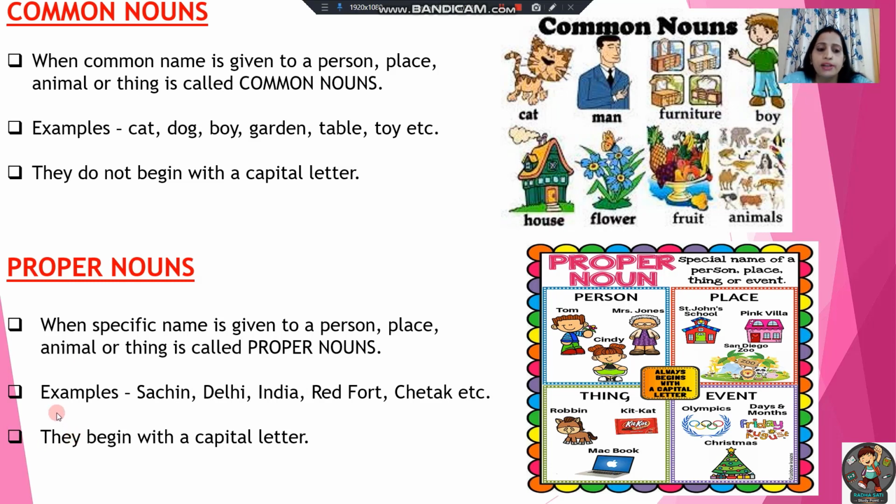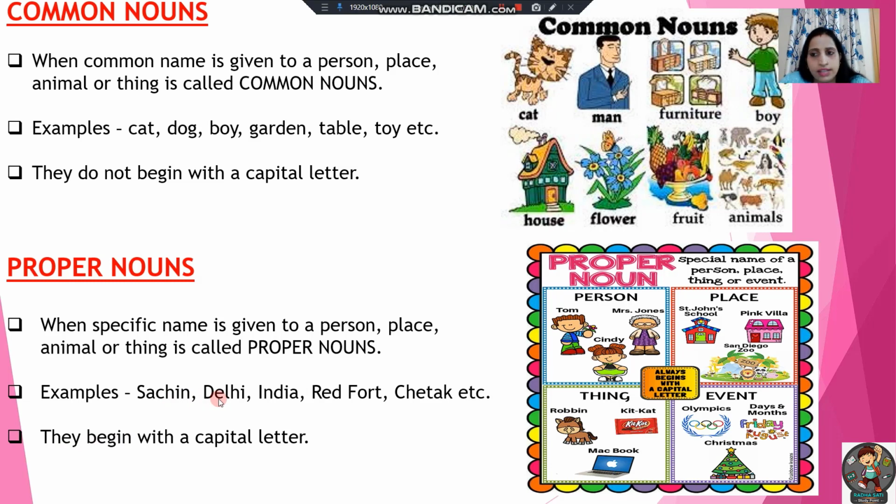For example, you can see here Sachin. So Sachin is the name of a boy. It can be the name of a cricketer. For example, if I say that Sachin is a well-known batsman, so I am talking about a particular cricketer. I am talking about Sachin. Okay, so that will be a proper noun.